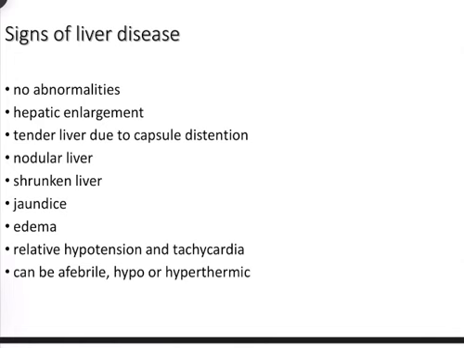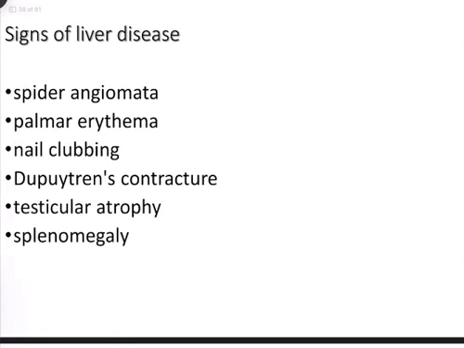Jaundice. Edema. Relative hypotension and tachycardia can be afebrile or hyperthermic. Also, you can see spider angiomata, palmar erythema, nail clubbing, Dupuytren contracture, testicular atrophy, and splenomegaly.